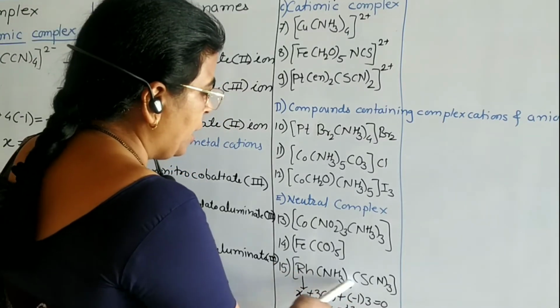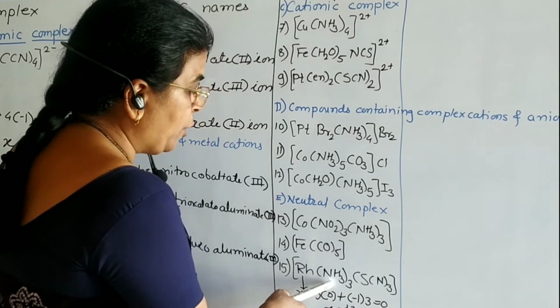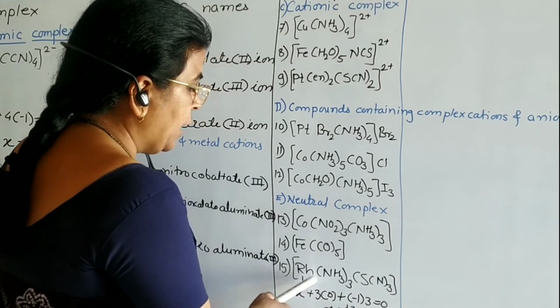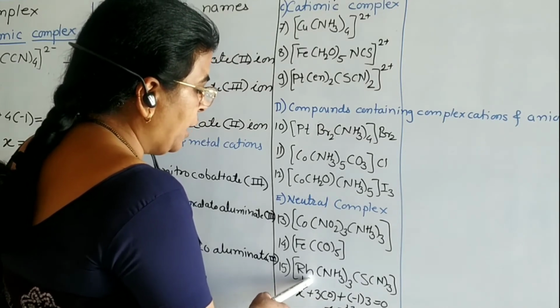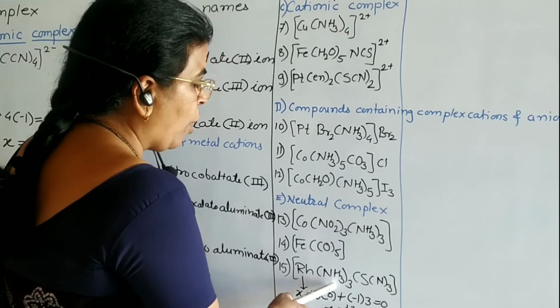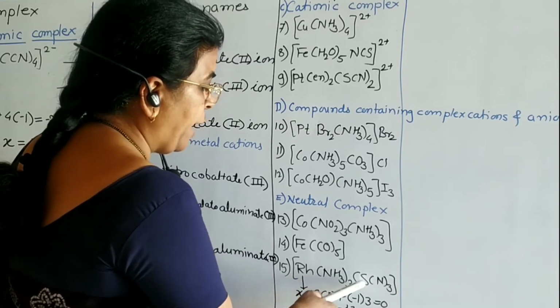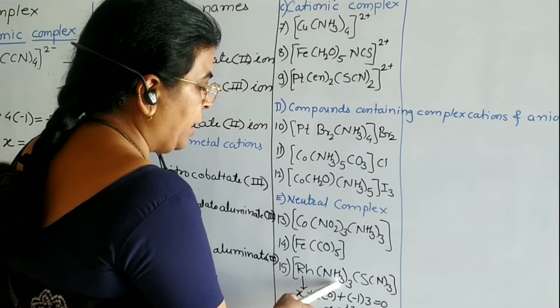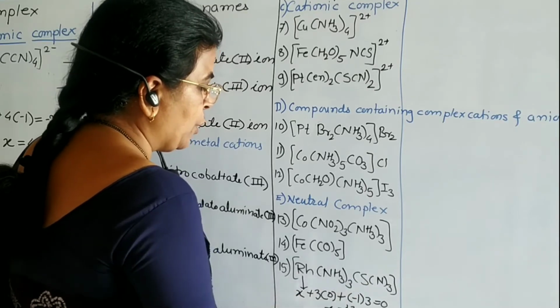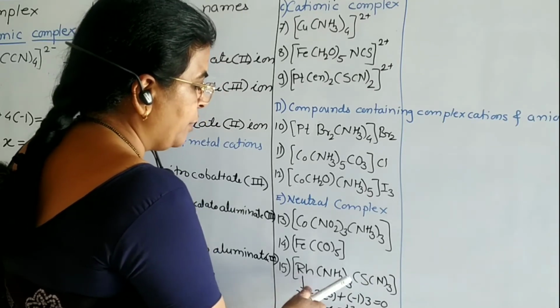Now here it is an example of a heteroleptic complex. That is, in this coordination sphere the central metal ion is coordinated with 2 different types of ligands, one is ammine and the second is thiocyanate. Alphabetically ammine comes first.